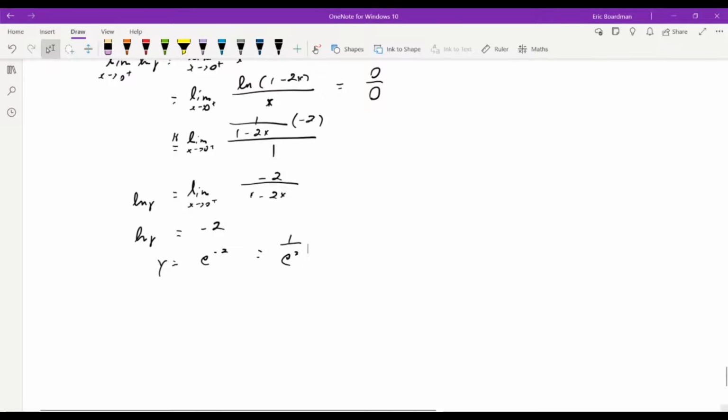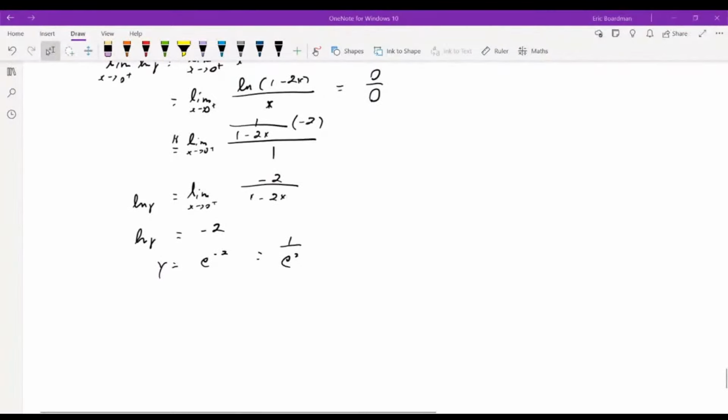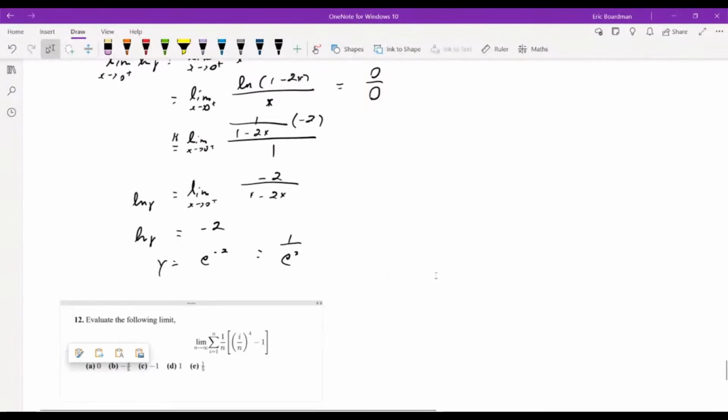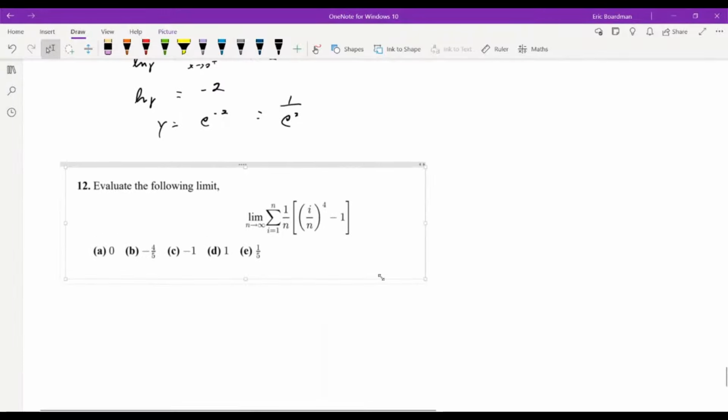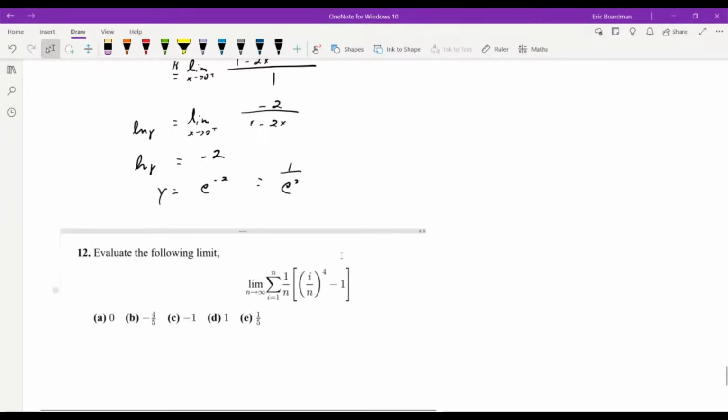There's another question. I'll do this one. It says evaluate the following limit. How to get rid of the ln.